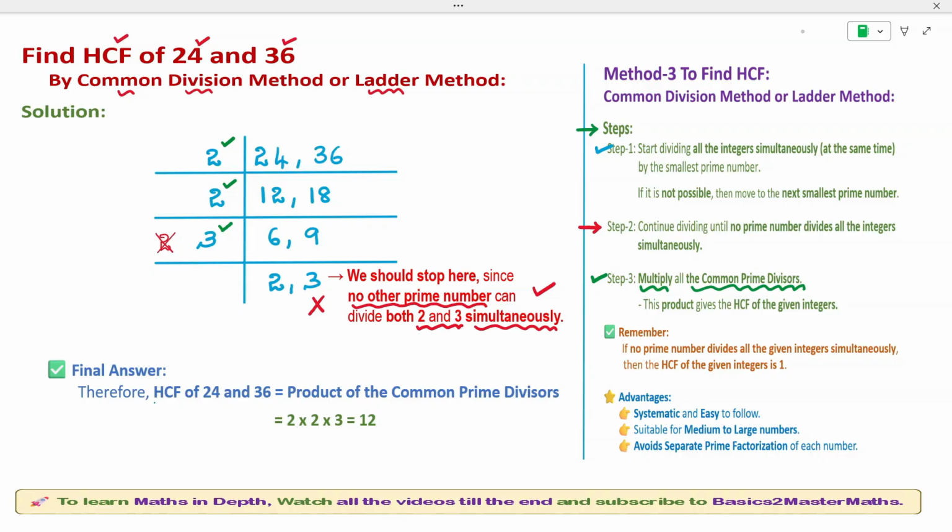Therefore, HCF of 24 and 36 equals product of the common prime divisors. In this case, it is 2 multiplied by 2 multiplied by 3 gives you 12.